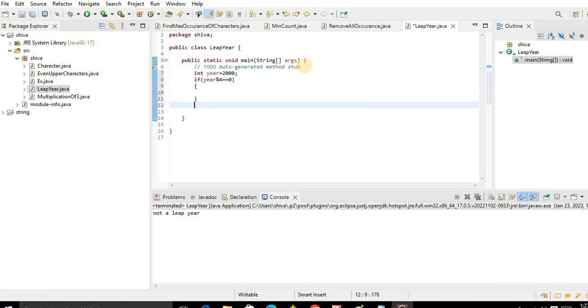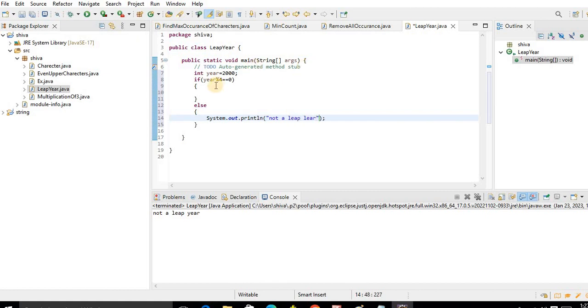Next, if the year is perfectly divisible by 4, then proceed, and else, if it is not divisible by 4, it's directly not a leap year.